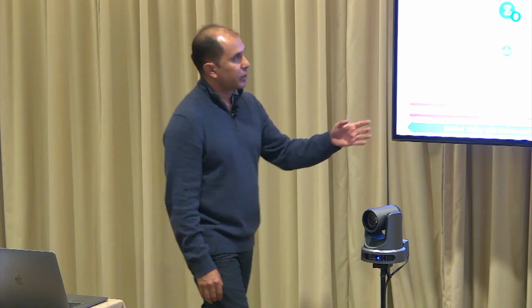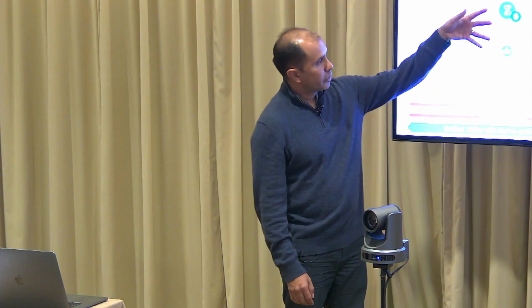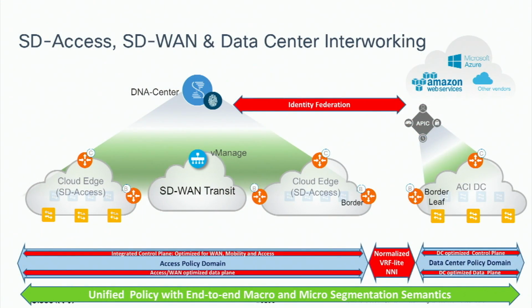So when you look at the integration here, you will see that there's some loose coupling between DNA Center and vManage. And then as it pertains to the data center, there isn't really any management coupling because we're not handling common devices. The interface to the data center we expect to be this VRF-Lite air-gapped handoff for the most part.